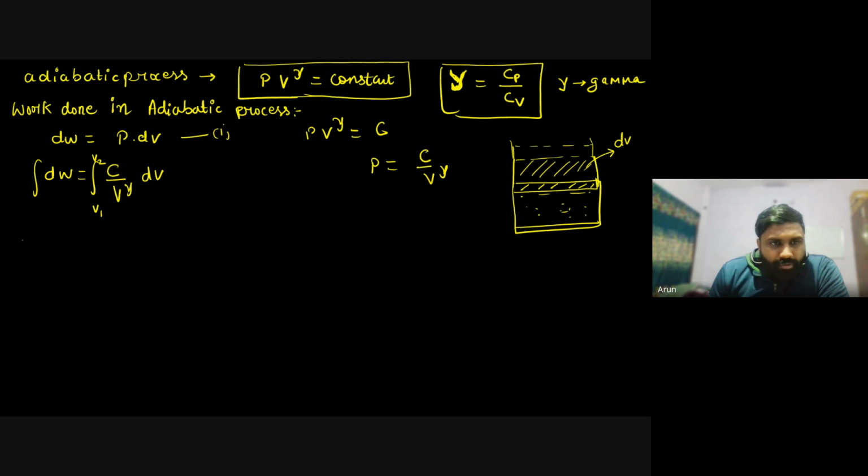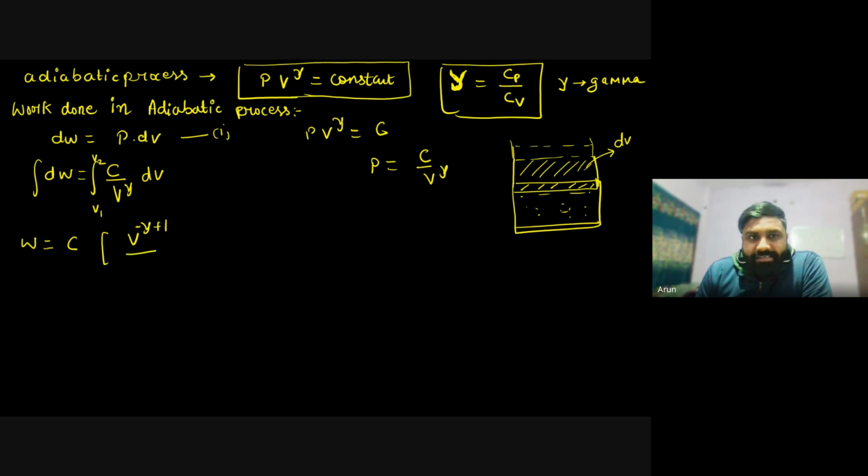Now integrate it for volume V1 to V2. So you will have total work done W is equal to C, you can take it out common. This will become 1 upon V raised to the power gamma. We will take it upside. It will become V raised to the power minus gamma. So the formula for integration will happen here as V raised to the power minus gamma plus 1. It is same as x raised to the power n plus 1 divided by n plus 1, and n here is minus gamma.